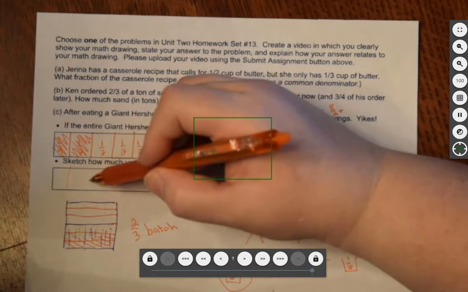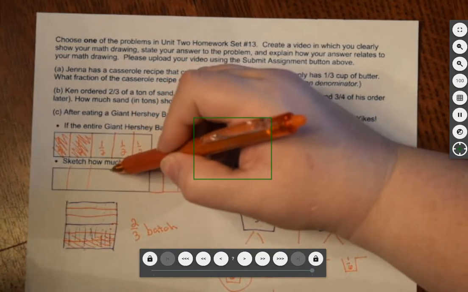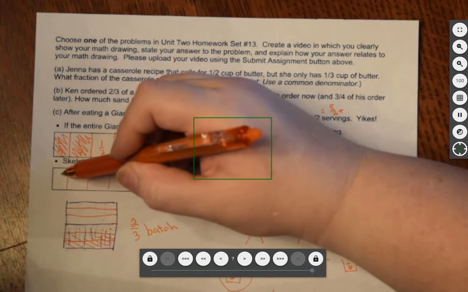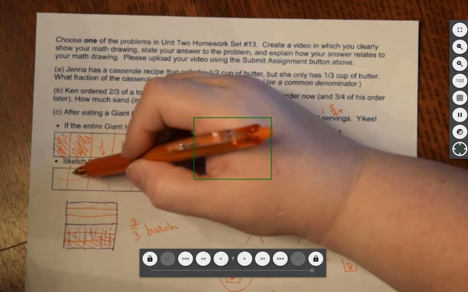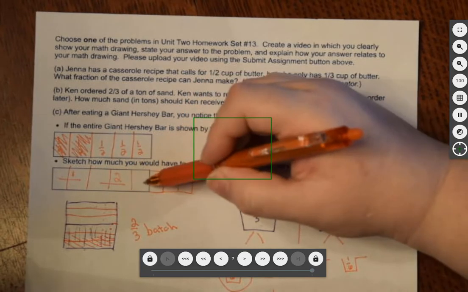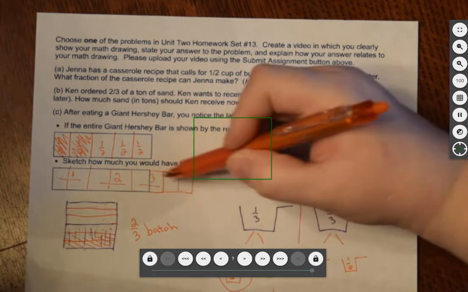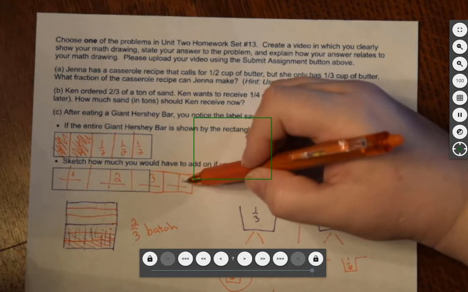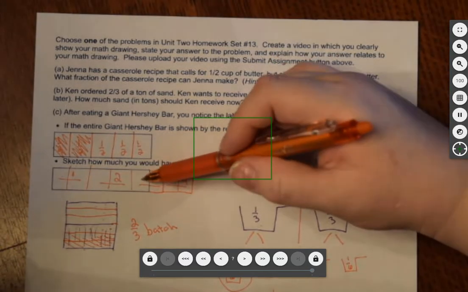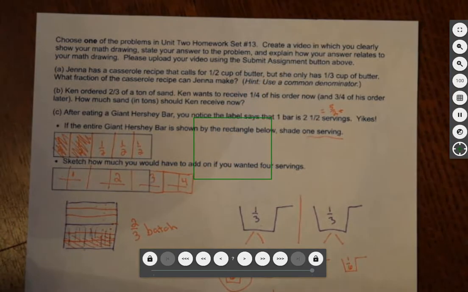So these 2 would be 1 serving, these 2 would be a 2nd serving, these 2 would be a 3rd serving, and then these 2 would be a 4th serving. So you would have to add 3 of these parts onto the end.